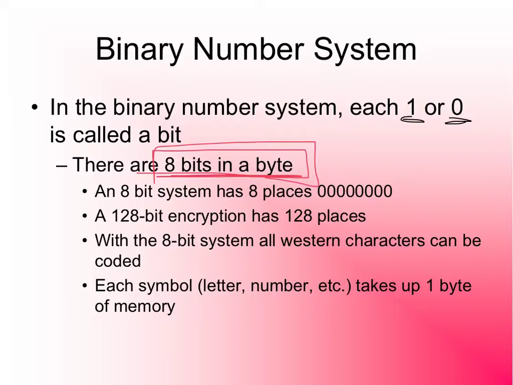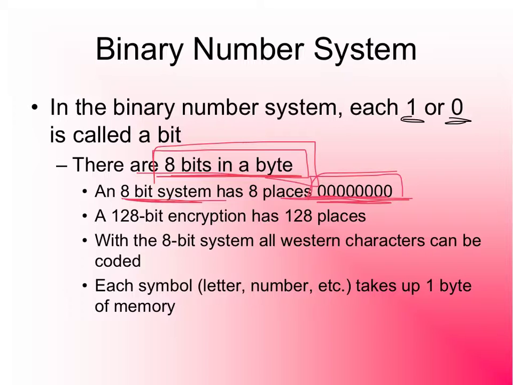And when you have 8 bits in a byte, each one of these 8 places then is our bit. And so with that, we can store all of our characters. When you talk about encryption systems and things like that, the 8-bit, 16-bit systems, particularly think about gaming systems, those systems are talking about the number of places here and how much information.